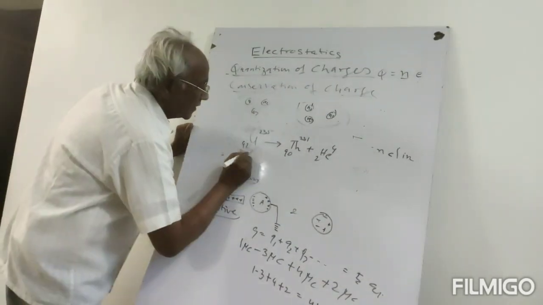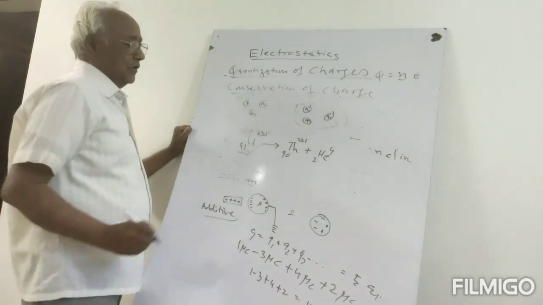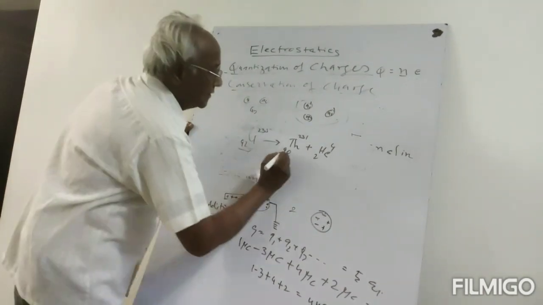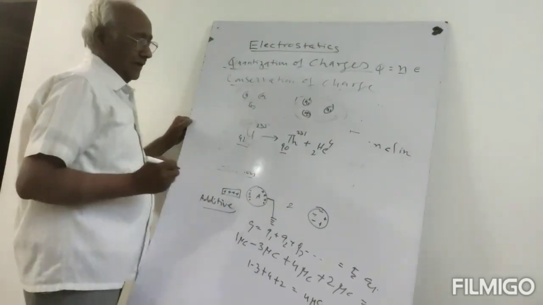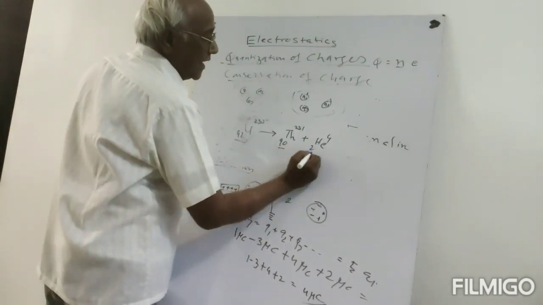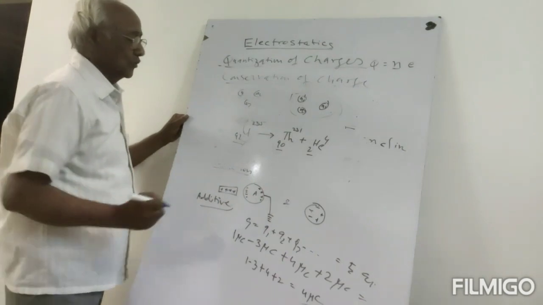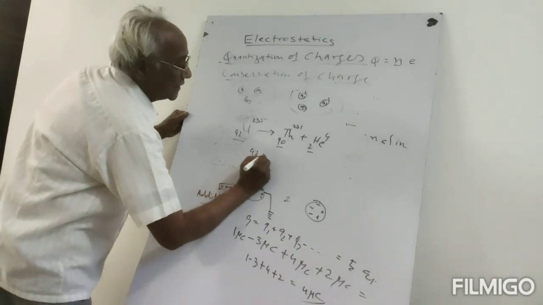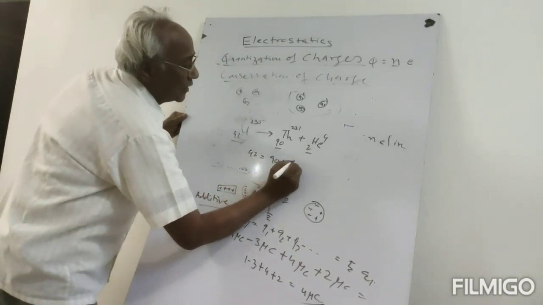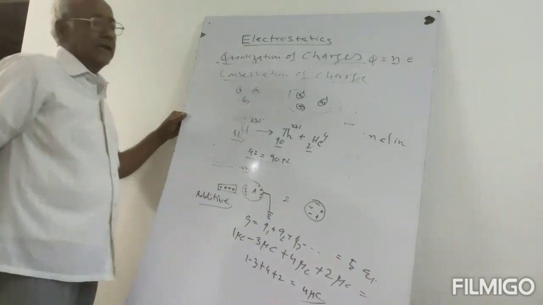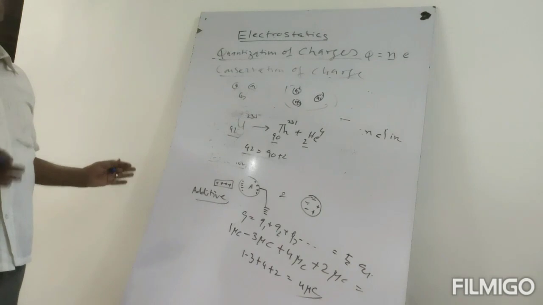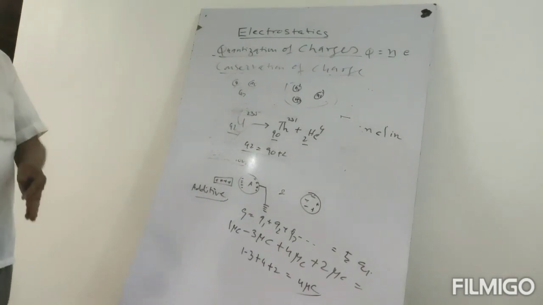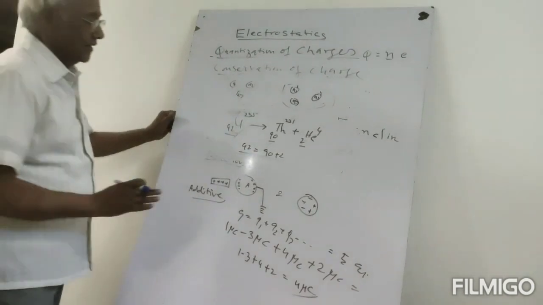Here 92 is the number of protons, that is the positive charge, before the reaction, and after the reaction thorium has 90 and the alpha particle 2. So 92 is equal to 90 plus 2. That is also conserved. So the number of positive charges before the reaction is equal to the number after the reaction.